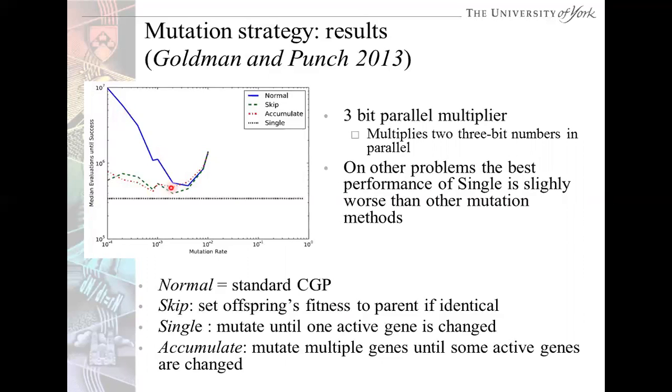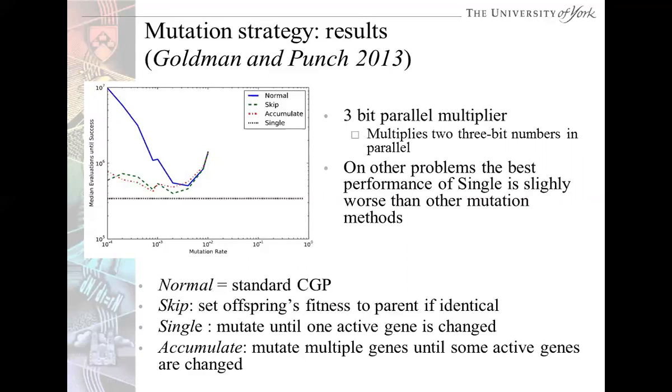The blue line here is standard CGP, and you can see that you'd have to do a lot of experiments to find out what the ideal mutation rate is for standard CGP. This is this point here. By the way, these results were compiled on a problem called the 3-bit parallel multiplier, which is quite a difficult circuit synthesis problem.